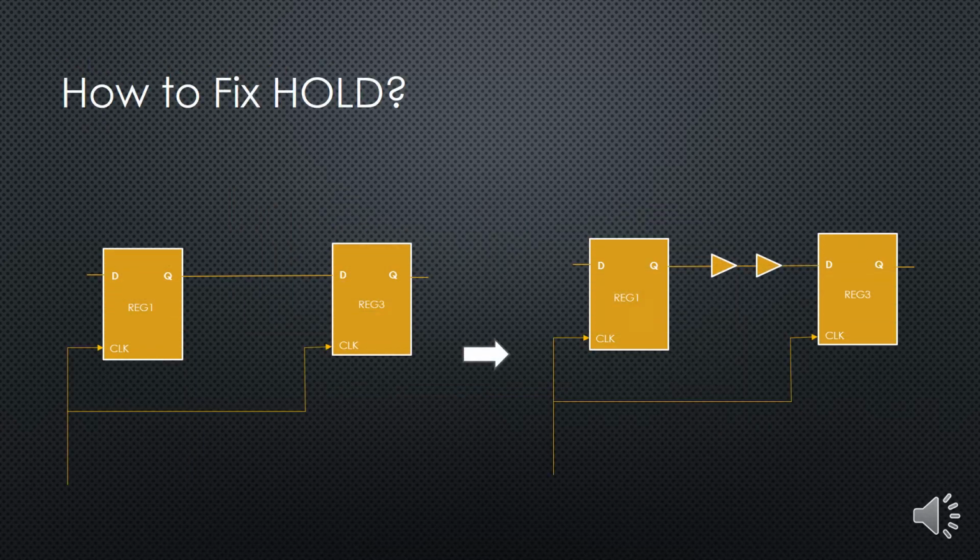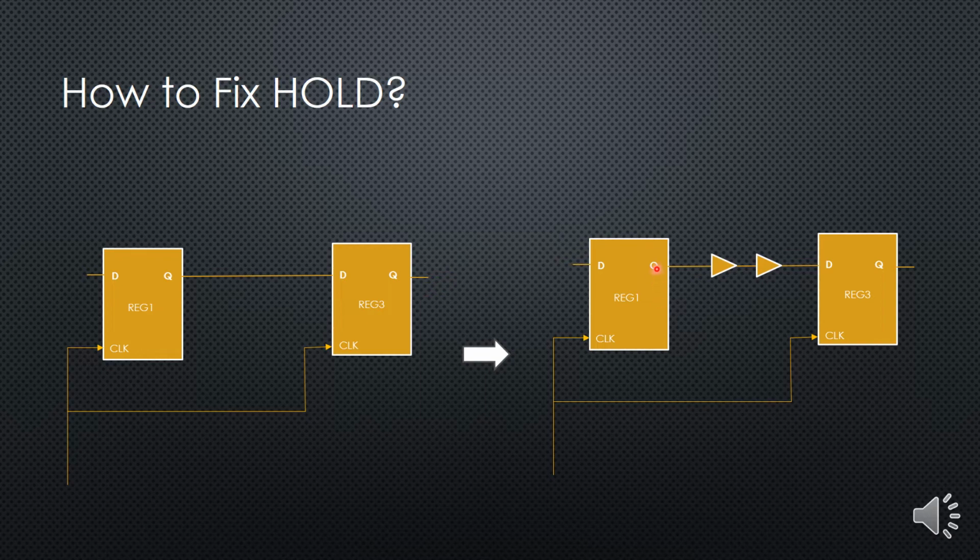Now let's see how to fix hold with some examples. In this first diagram, you can see we have a reg 1 to reg 3 timing path and we don't have anything in the data path. When we don't have anything in the data path, we are going to see hold violations here. To fix the hold, I have added two buffers in the data path.